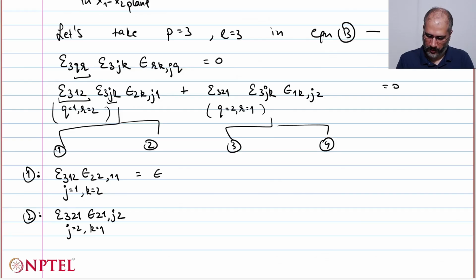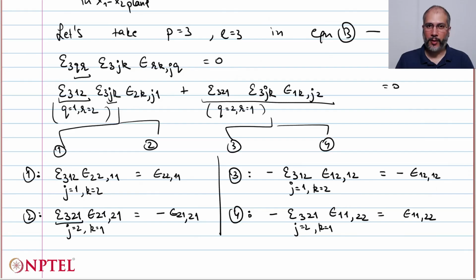So this is strain 2, 2 comma 1, 1. And the second term is epsilon 321, which is a minus 1. So this is a negative strain 2, 1 comma. So there was a mistake here. This was J1. So J is a 2 and then we had a 1. So this is a minus epsilon 2, 1, 2, 1. So now we have got all the 4 terms.